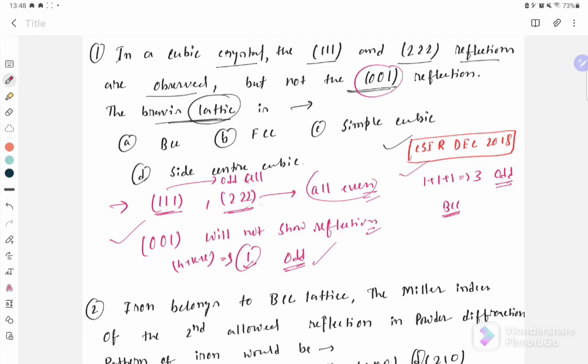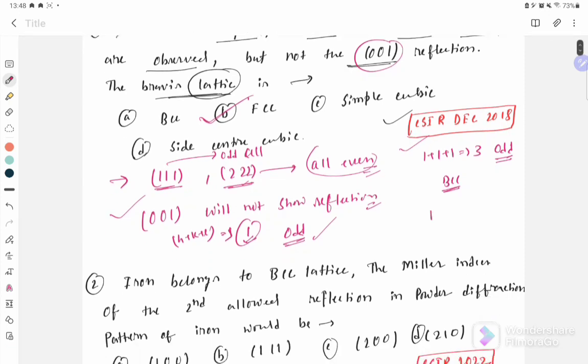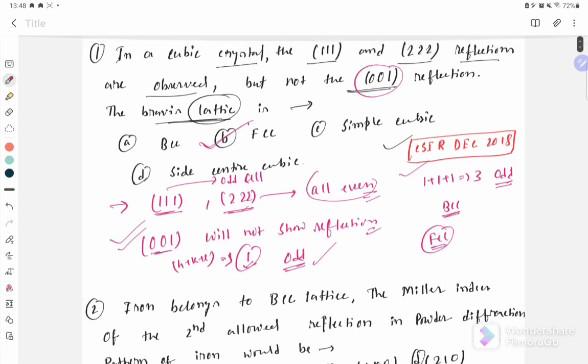You can also say 222 also shows reflection, so all are even, all are odd, so our correct option will be FCC. All the conditions are satisfied for the FCC, because all are odd, all are even. 001 has 0 which is considered even, and 1 is odd, so not all are odd and not all are even, so FCC is the correct option.